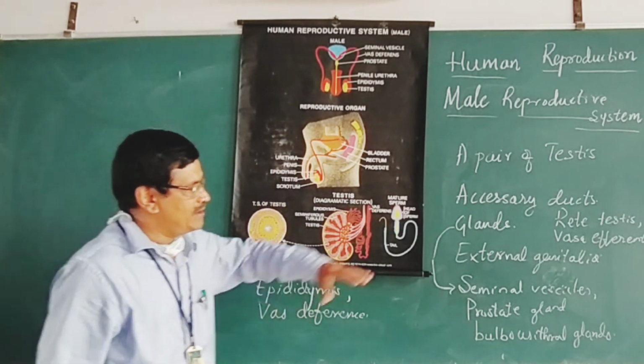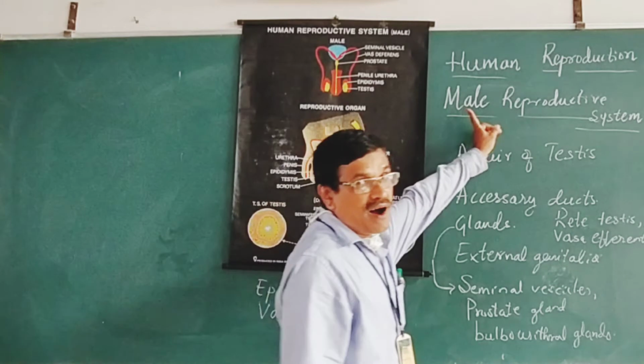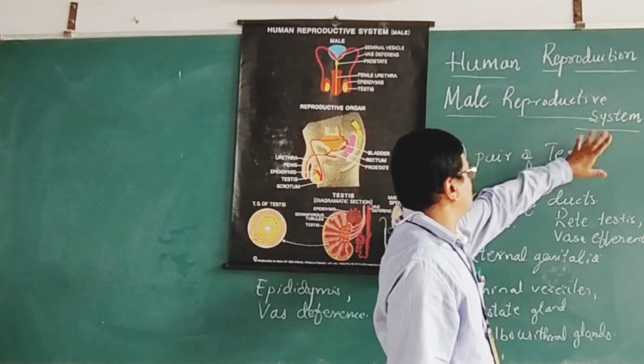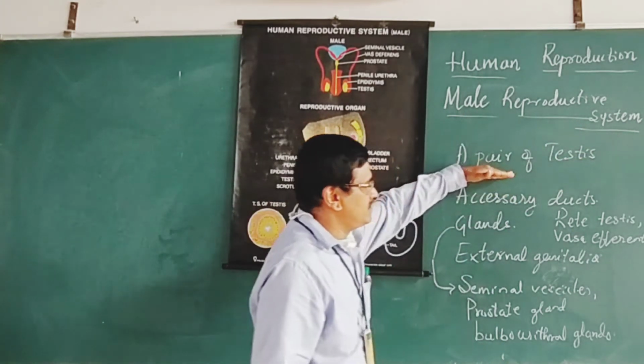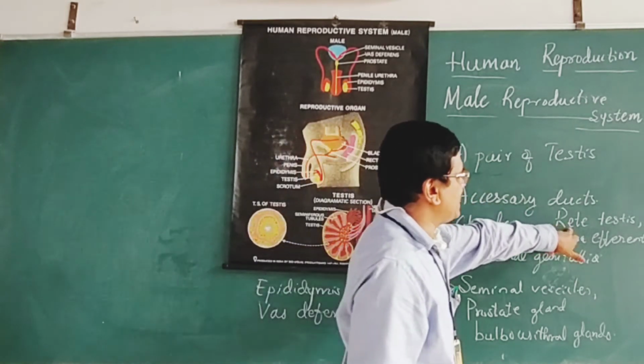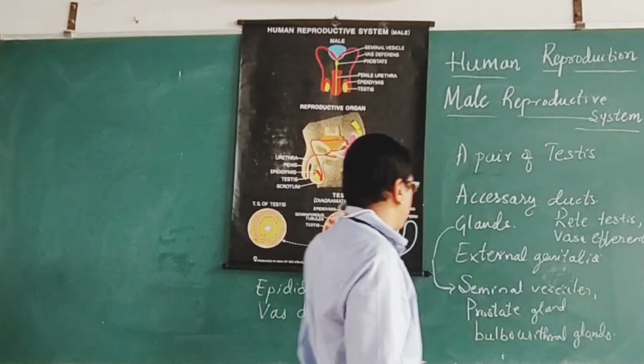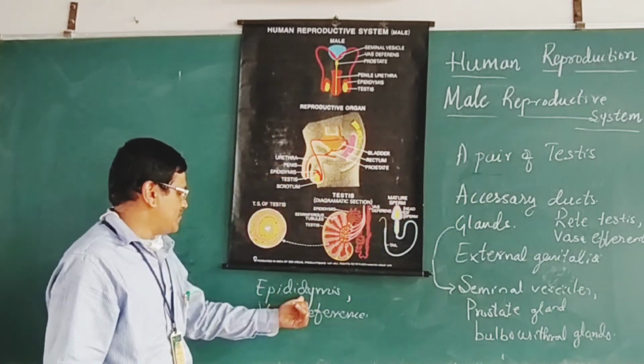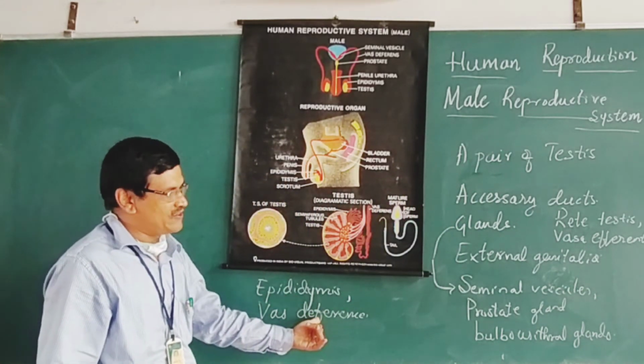Once again, I will list the different parts of the male reproductive system. A pair of testes, accessory ducts, which include rete testis, vasa efferentia, epididymis, and vas deferens.